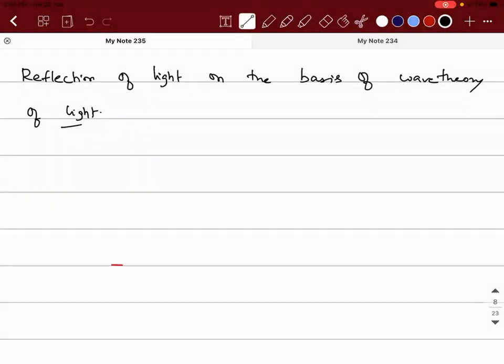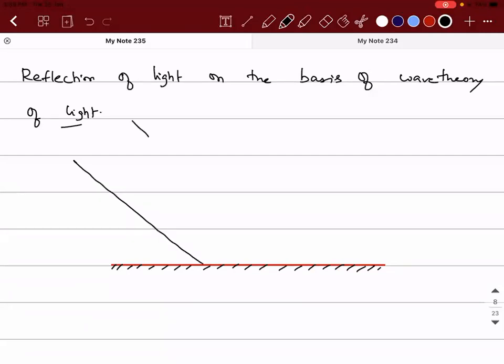Let us say I have considered a reflecting surface. On that reflecting surface, there are two parallel incident rays that are going to hit. When I say parallel rays, these rays are coming from a source at infinity. For a source at infinity, what is going to be the shape of the wavefront?